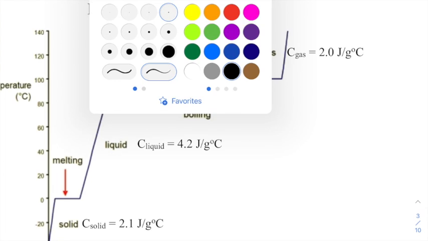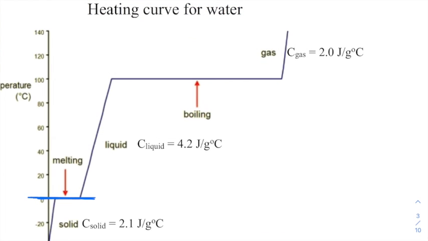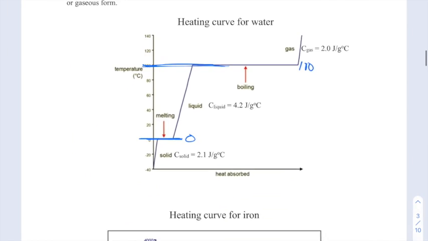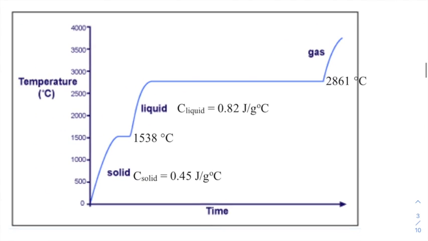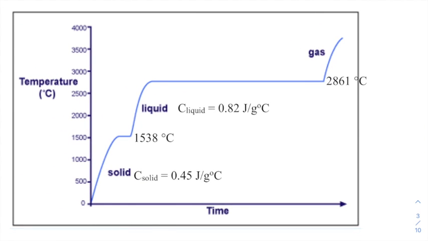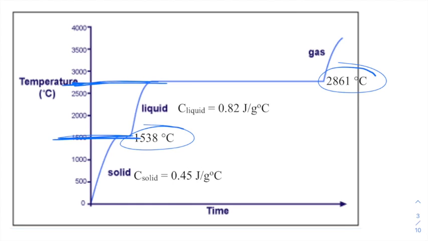So water freezes at 0 and it boils at 100. Iron has a different melting point and a different boiling point. Iron doesn't melt until 1538 Celsius, and it doesn't boil until 2861 degrees Celsius.